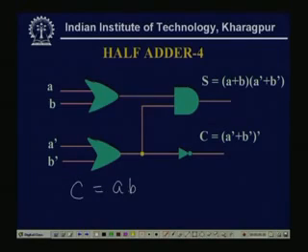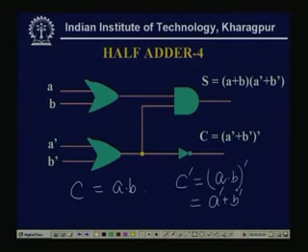So if we apply De Morgan's law, then C dash is A dot B dash, and it will be A dash plus B dash. So that thing we have done, that is C equal to A dash plus B dash. See here what happened: only 2 OR gates, 1 AND gate, 1 inverter. That means mainly these basic gates AND, OR and NOT we are utilizing, and only the numbers of OR or AND gates are varying.